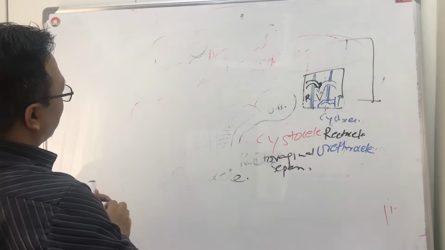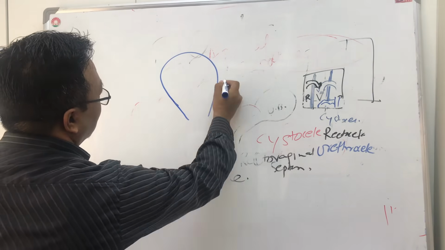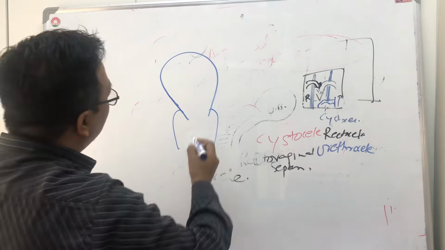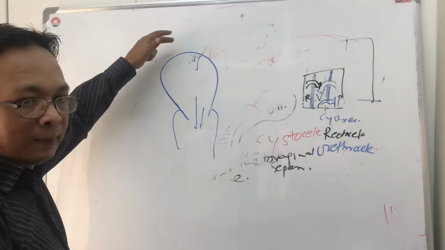Okay, look here. So this is the uterus. Now this thing has gone down here. It has prolapsed.